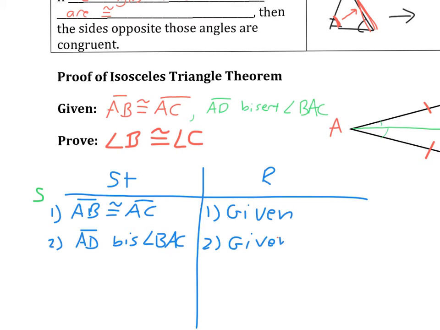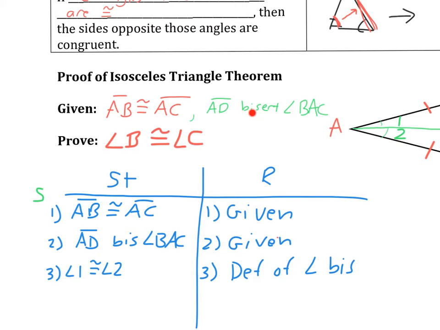And as a result of that, and I can throw some numbers in there, I'm going to put a 1 there and a 2 there. As a result, I can say that angle 1 is congruent to angle 2, and the reason for that is definition of angle bisector.